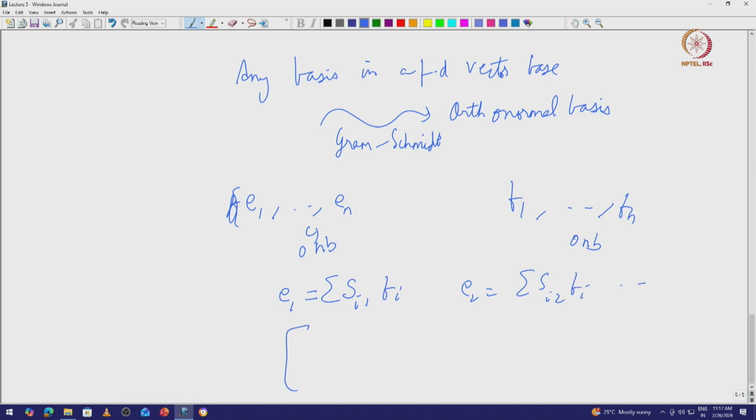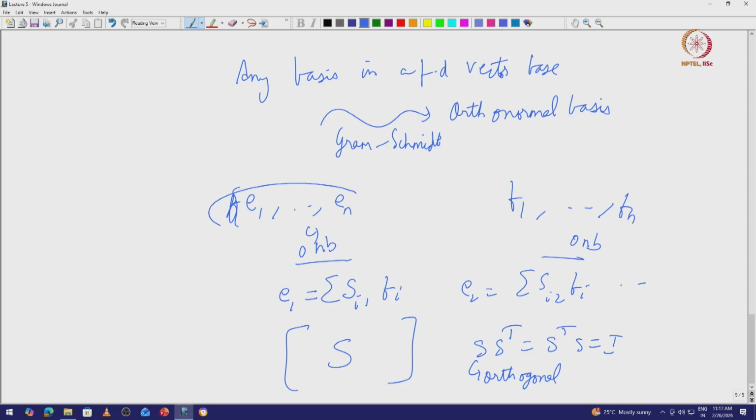We put these together, you get a matrix. The change of basis matrix between two orthonormal bases turns out to be orthogonal. And in fact, it is if and only if.